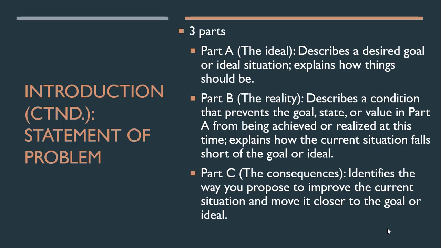You see, I started with what is the desire, what is the ideal situation, how should things be. Then I moved on to what is the current reality across many of the low and middle income countries. Then I go on to what needs to be done in order to make the reality closer to the ideal situation.